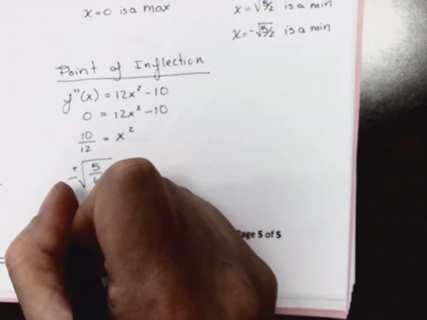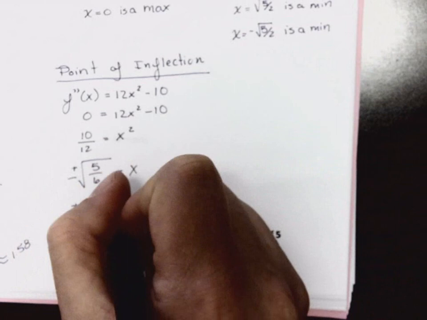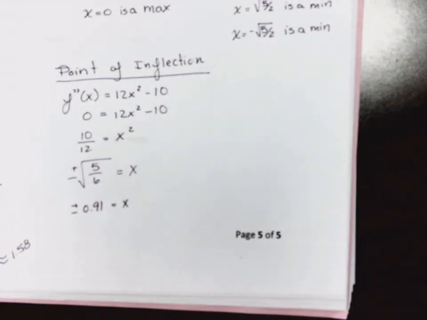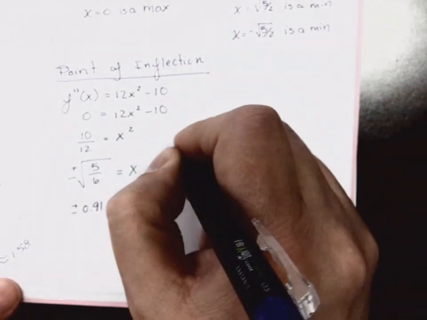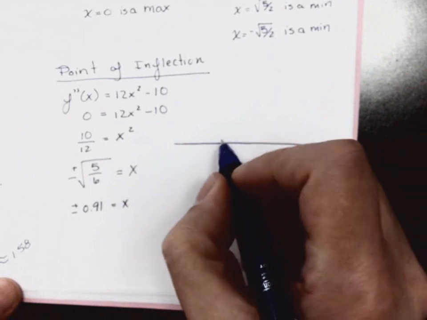If you make it a decimal, that's what it is as a decimal. So we have 2 of these.